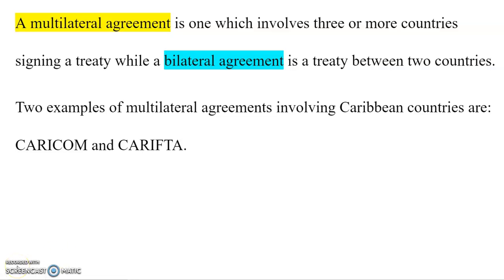The other part of the question asks us to state 2 examples of multilateral agreements involving Caribbean countries. So 2 examples of multilateral agreements involving Caribbean countries are CARICOM and CARIFTA. You could also write CSME, the Caribbean Single Market and Economy.